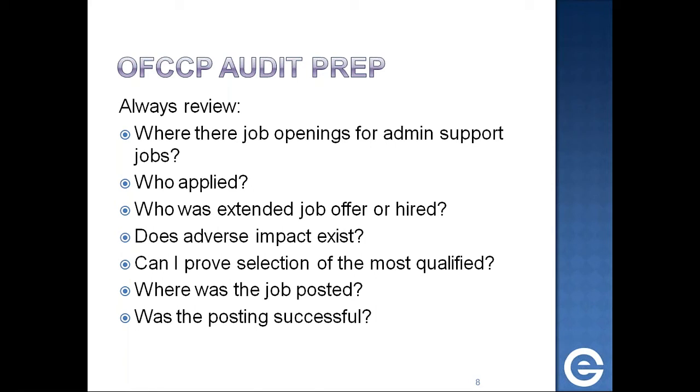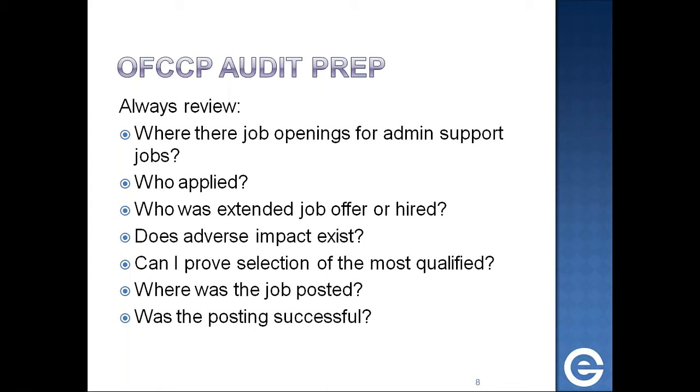Who applied? That's what they look for. Who was the job offer extended to, or who was hired? Does adverse impact exist? Can I prove the selection of the most qualified individual? Where was the job posted? And was the job posting successful in bringing in specific protected category applicants?